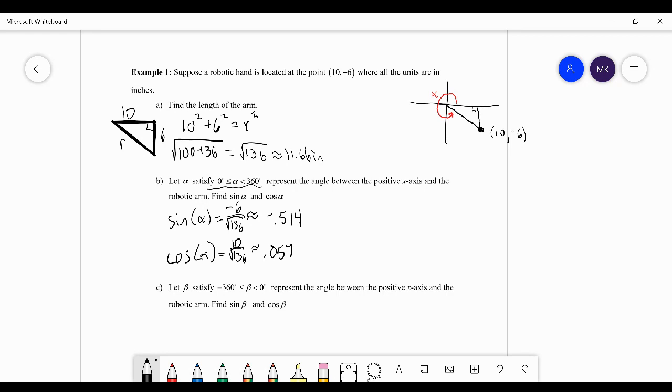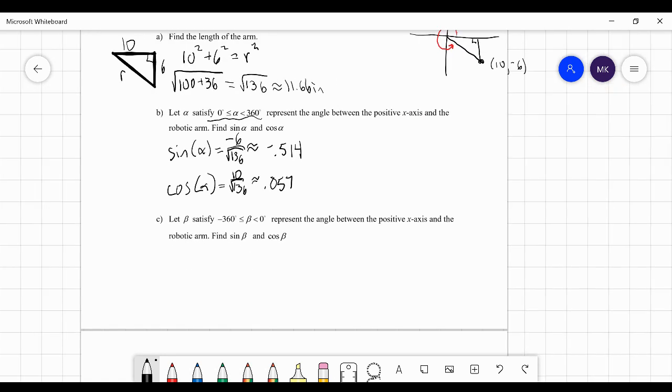So that's really easy, right? I mean, with this, we had the location of this point. So we found the length of the arm, assuming that it starts at the origin. And then using a positive angle in standard position, we can find its sine and cosine values using those coordinates and the length of the arm.